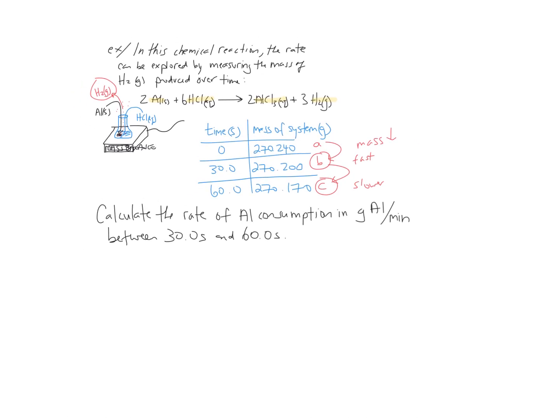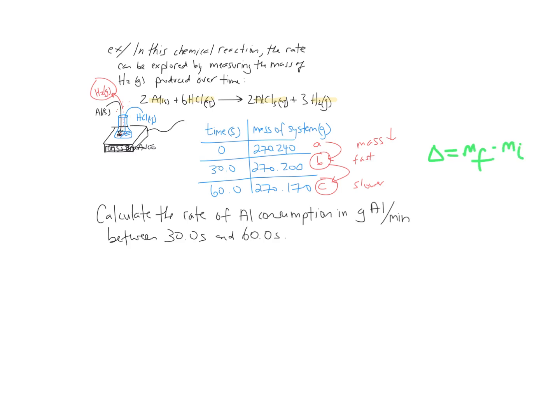The first thing we can do is calculate the rate from 30 to 60. It's going to be the mass change, and remember that a change is always final minus initial, so the final mass minus the initial mass.